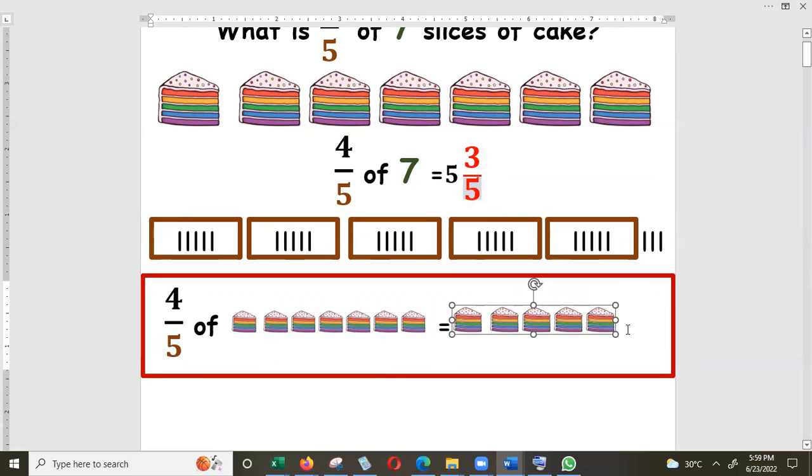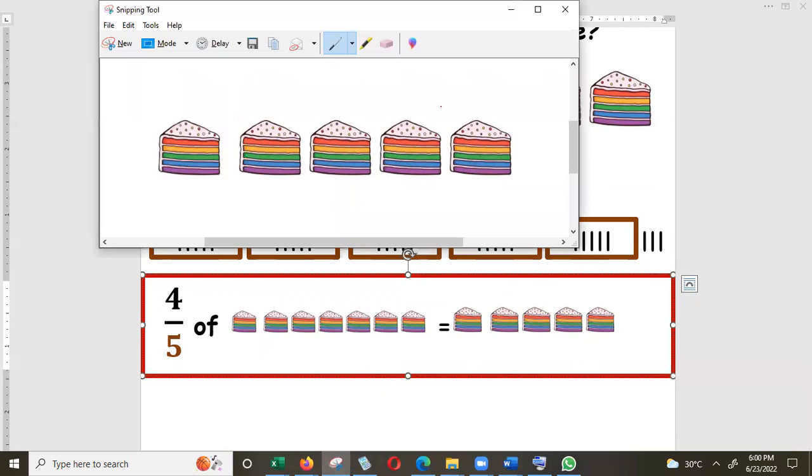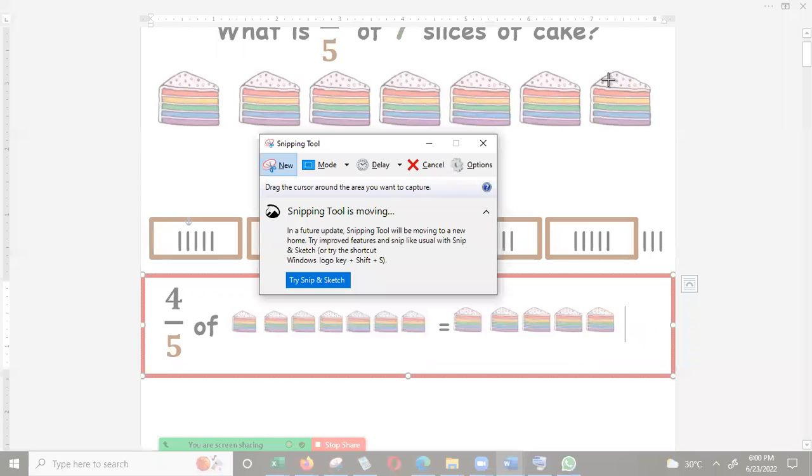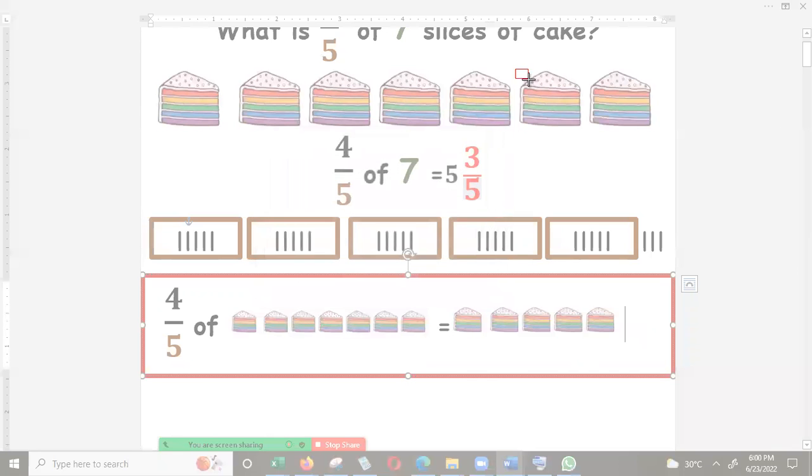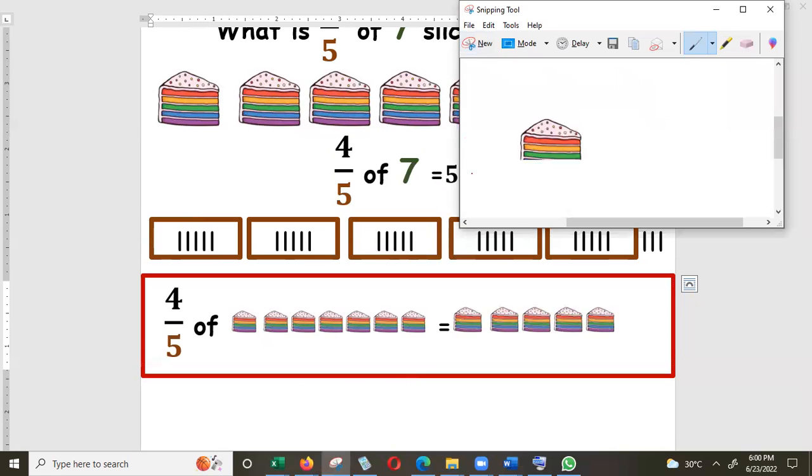What remains to complete the correct amount is 3 out of 5. Each of these slices is subdivided into 5 equal sub-slices, if you will. So I want 3 out of those 5 equal parts. I can choose any 3 of them and take from it 1, 2, 3, out of the 5.